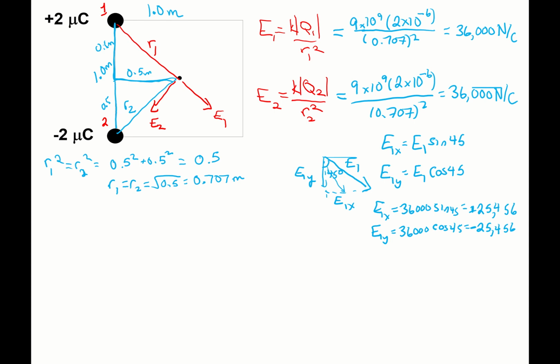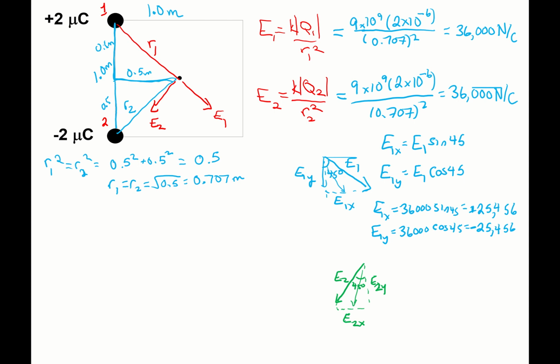If I do the same thing for E2, let me switch my color to a green. E2 is going down diagonally to the left. Again, the angle's 45 degrees. E2x and E2y are those sides. The x component is going to be negative because it's going towards the left, and the y component is also negative because it's going down.